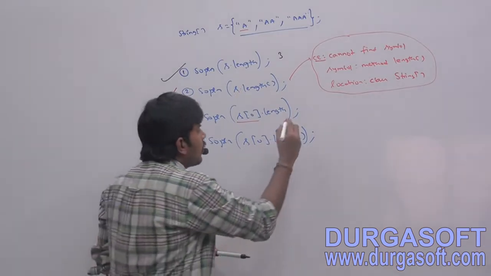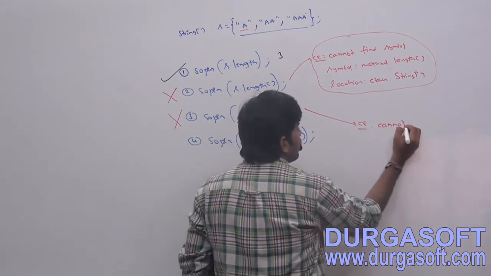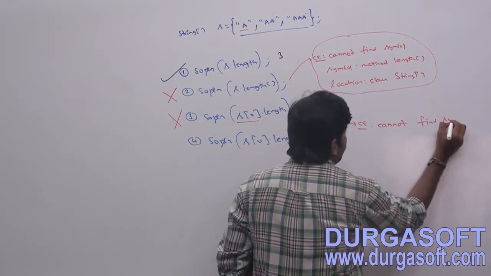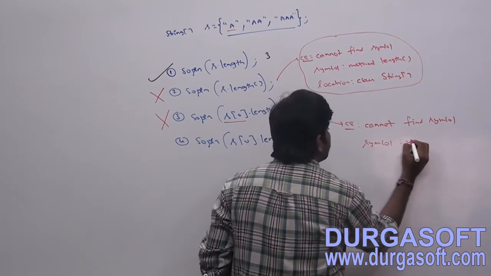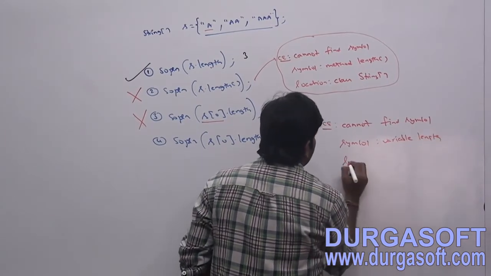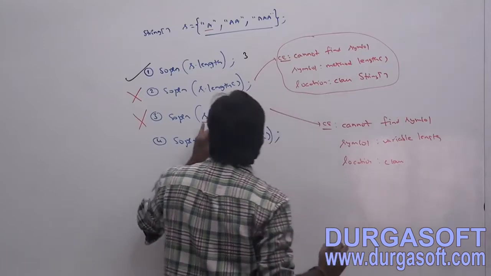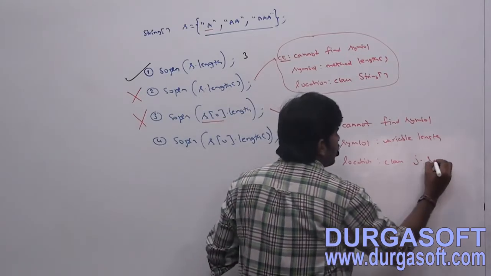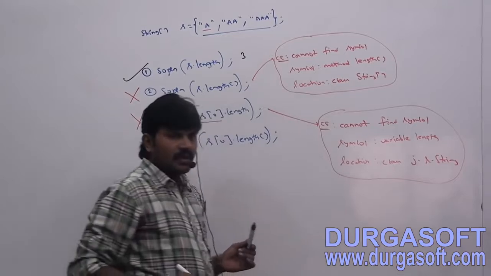Not applicable. Compile time error saying cannot find symbol. Which symbol? Variable length. In which location? Class java.lang.String, right?